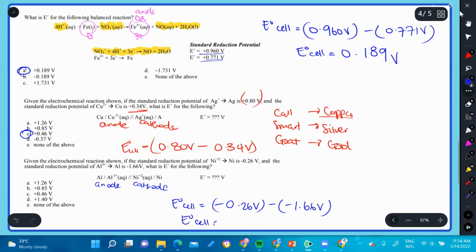So the E naught of the cell is equal to whatever you get when you put this in the calculator. So negative 0.26 minus negative 1.66. I got 1.4, which is the same as 1.40 volts.